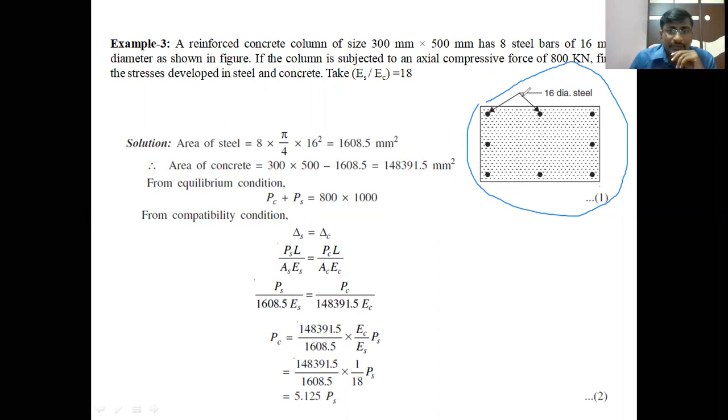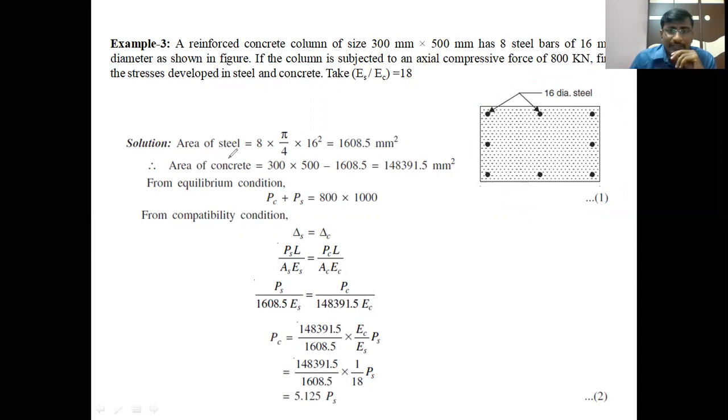The ratio of Young's modulus for steel and concrete is also given, 18. So what are we going to calculate in this problem? We should find the stresses developed in steel and concrete.